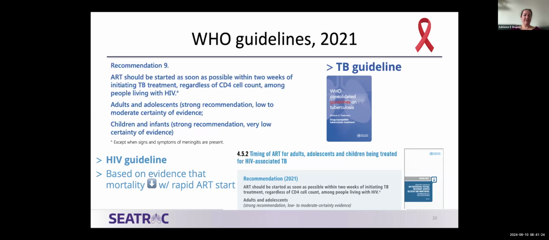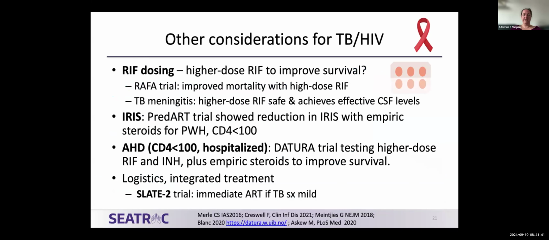So in recognition of the fact that operationally, it's much better to start people on their TB treatment and their ART in very close concert, both TB guidelines and HIV guidelines recommend starting ART within 2 weeks, regardless of CD4 count for people with HIV and TB.